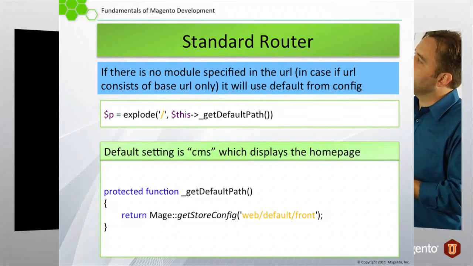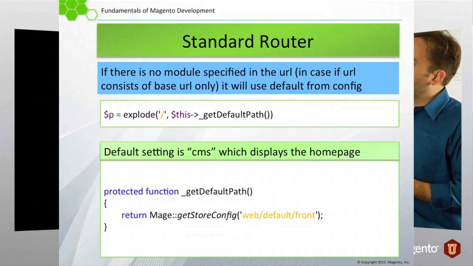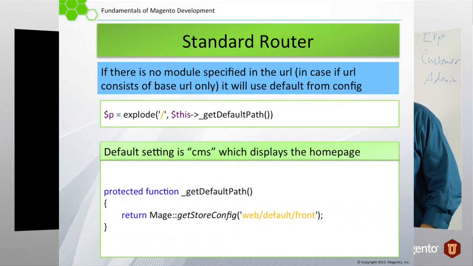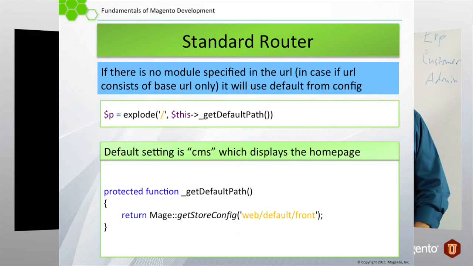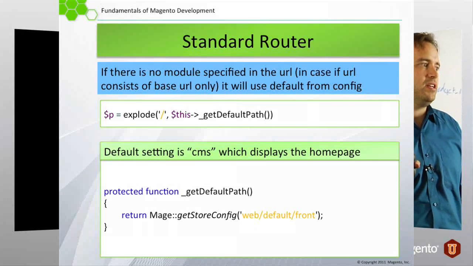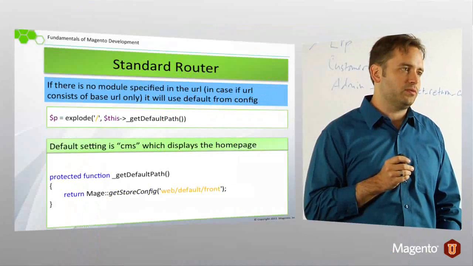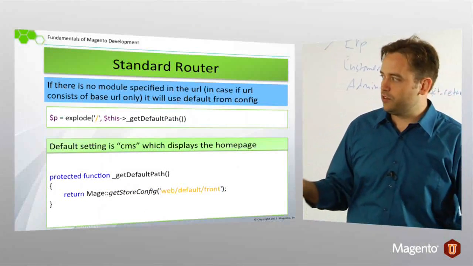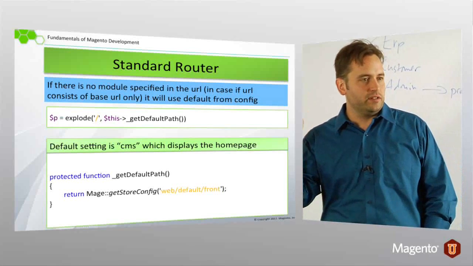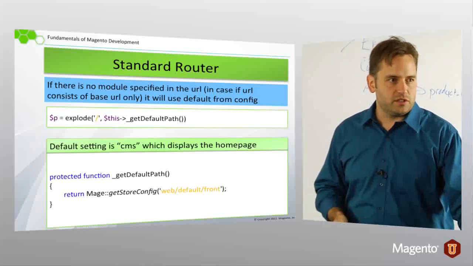So let's see. In the standard router, there is this get default path method. And by default, when you install Magento, the CMS system is used as the default path, and basically that's how the home page that's configured in the CMS is mapped.